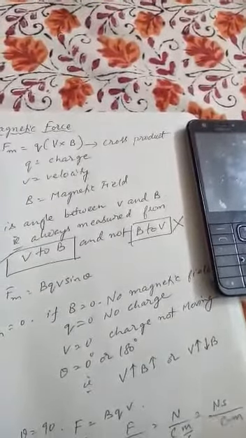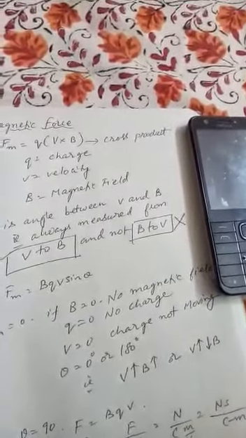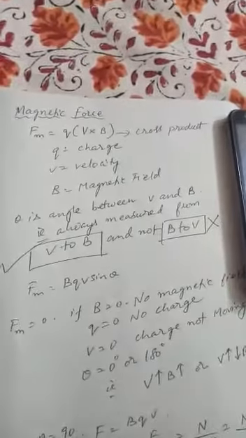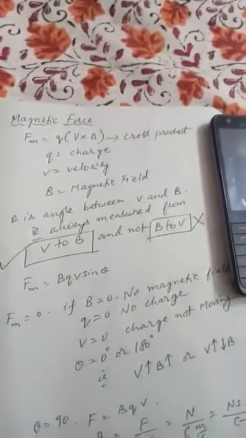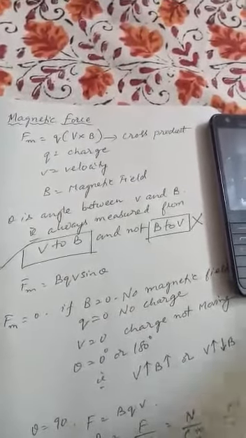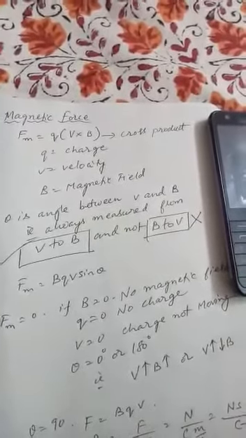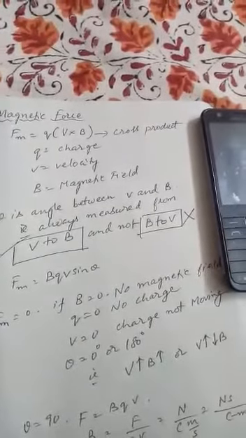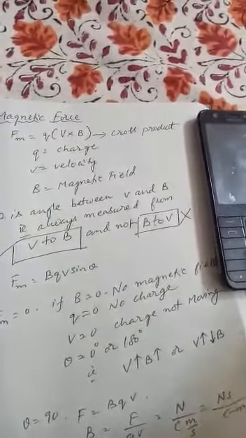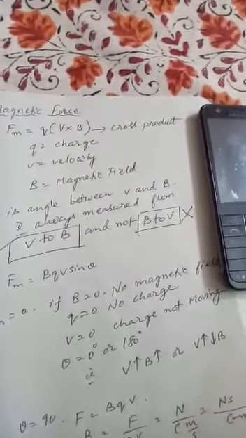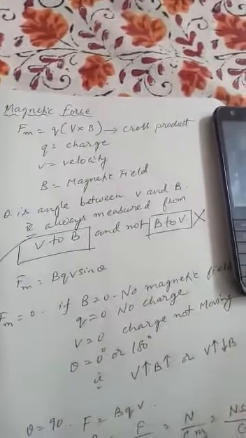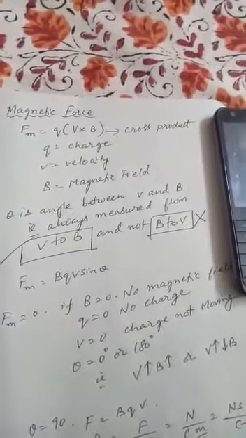Remember, every cross product always has a direction. About direction we will see in coming classes. Here it is Q into V cross B. Q means charge, V means velocity, B means magnetic field. It has to be V cross B only, it cannot be B cross V. First remember that.